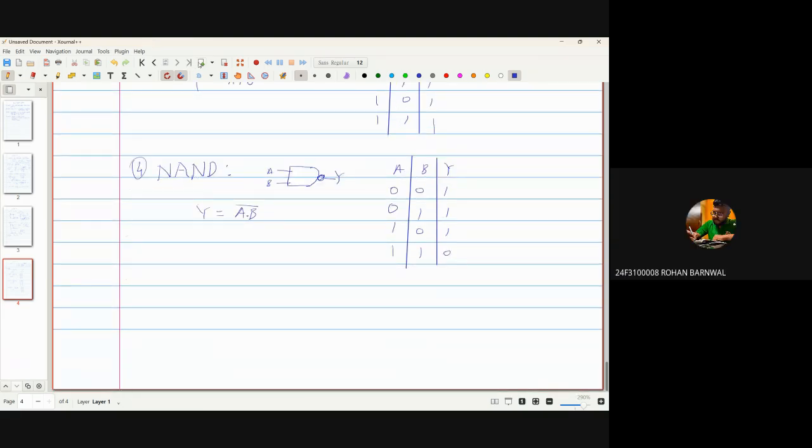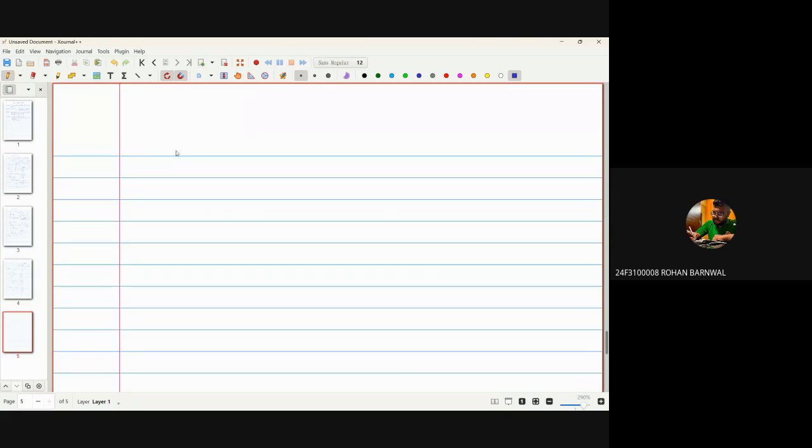And in similar fashion, what is the NOR gate here? It is a combination of a NOT gate and an OR gate.